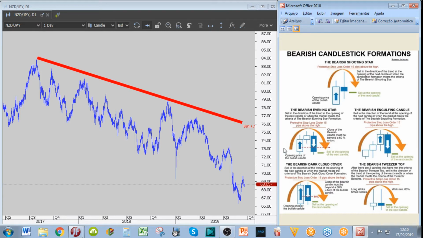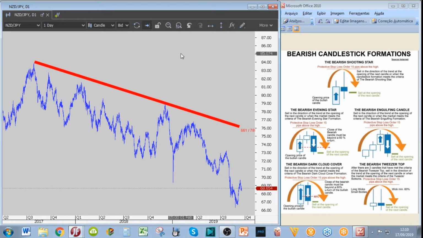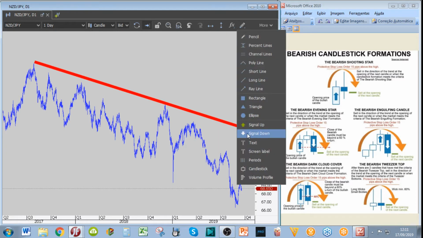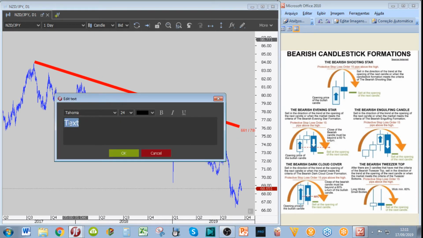Okay. Now remember, not all highs and lows are relevant, let's write this down. Remember, not all bearish CF, which stands for candlestick formations, not all bearish candlestick formations are relevant.